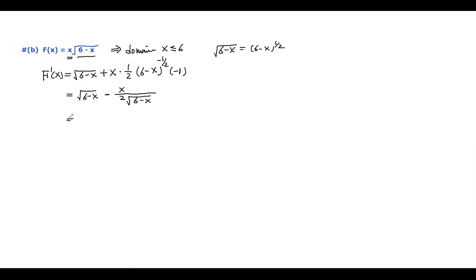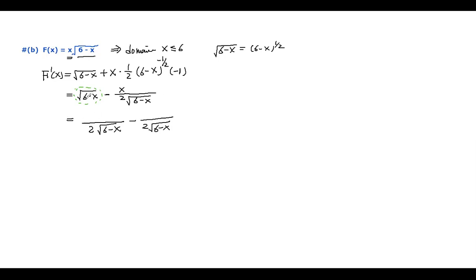The way I combine is to find the common denominator, which is 2 times the square root of 6 minus x. This is where a lot of students, if your algebra is not strong, are going to make mistakes, right?